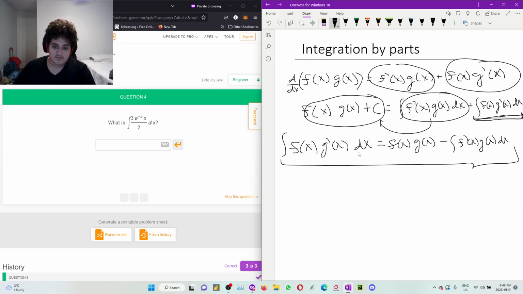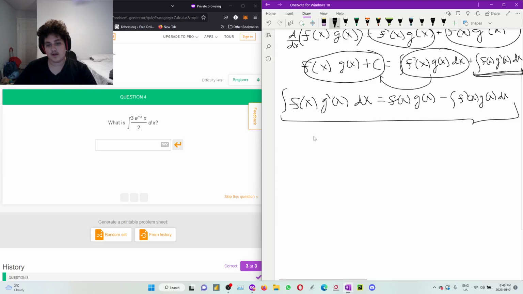I'm going to simplify this by letting u equal f of x and letting dv equal g prime x dx.